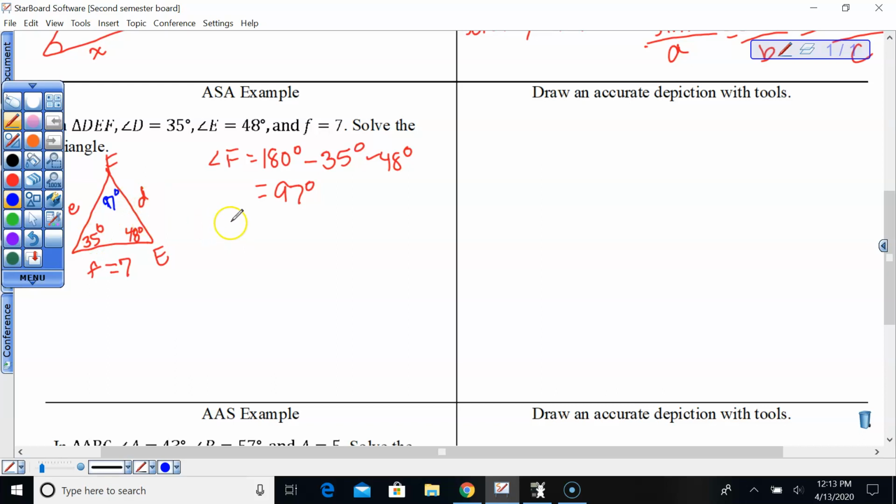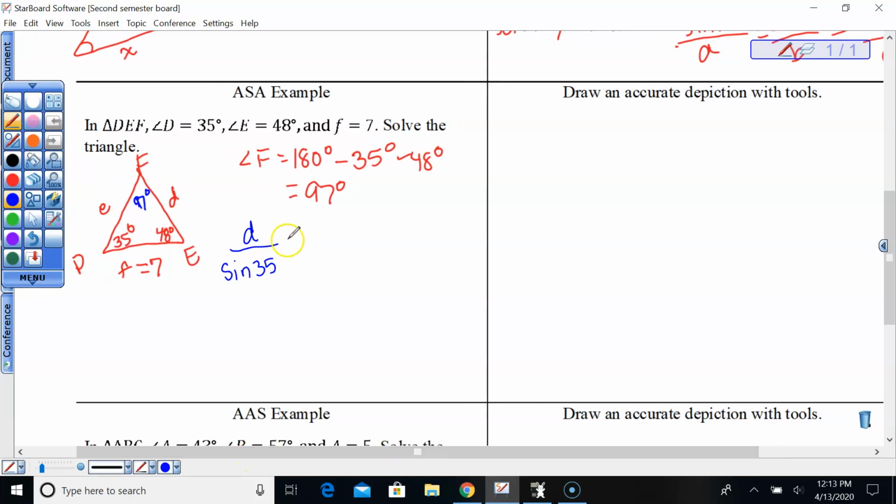So to find D, we're going to do D over the sine of D, which was 35 degrees. Let me zoom this over a little bit so we can see letter D there. And that equals F, which is 7, over the sine of angle F, which is 97 degrees. Then we'll just solve for D.